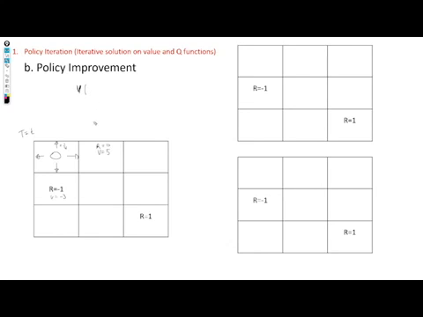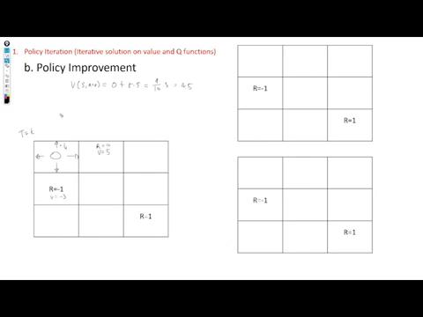So if we choose to move right at state S and the action is R, then our value function will be 0, which is the reward, plus the discount factor times the expected value of the next cell, and that is 0.9 times 5, which is 4.5.